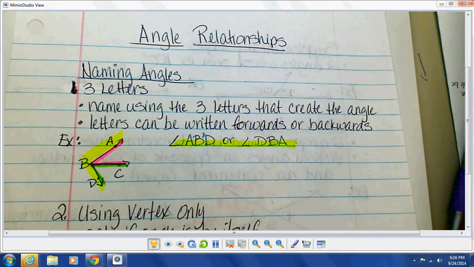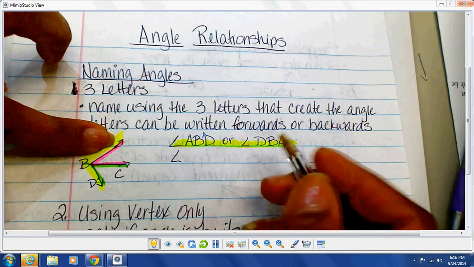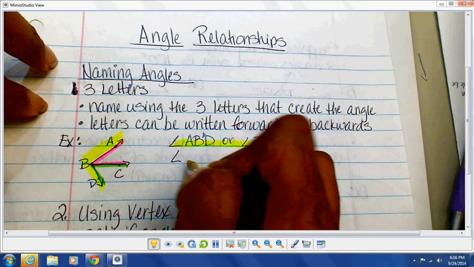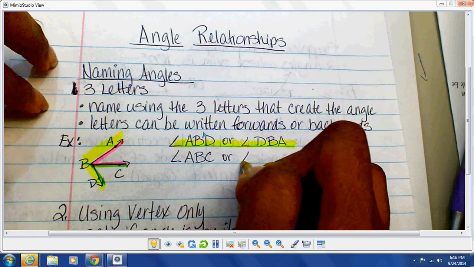Okay, now let's do our pink angle. So, in the pink angle, I see angle, start at the end, A, B, C. Well, remember, we can name it backwards.